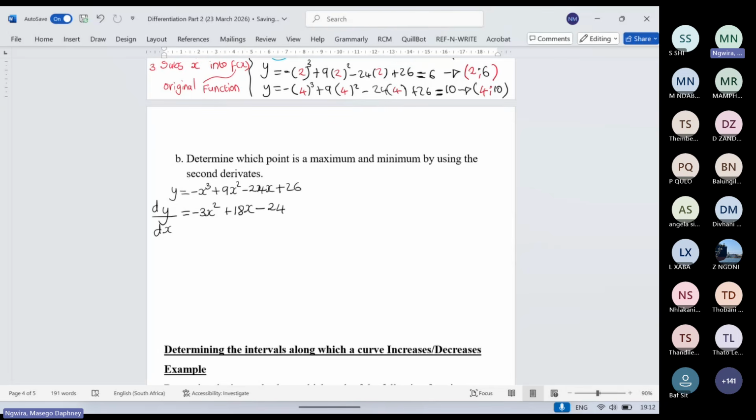So now for me to determine which point is maximum or minimum, first I need to find the second derivative. So I'm looking for the d squared.